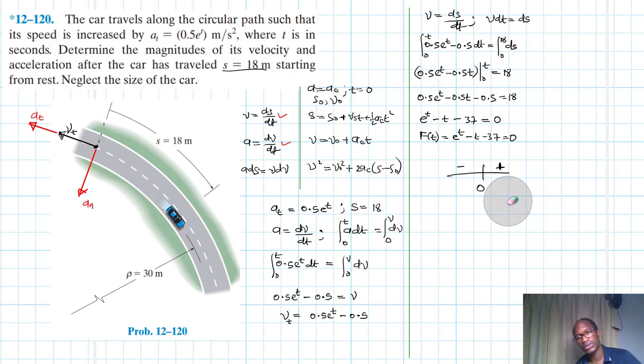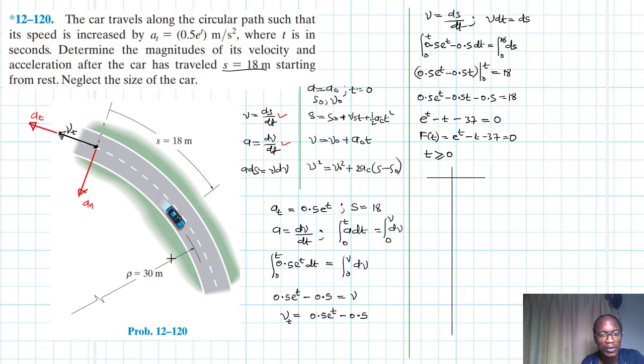We want to get as close as possible to 0. Our domain, t, will be greater than 0, because t cannot be negative. So let's start doing the iteration quickly.